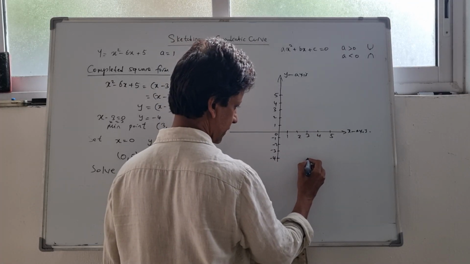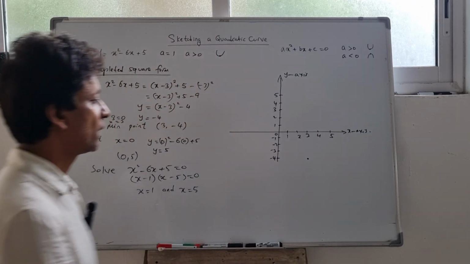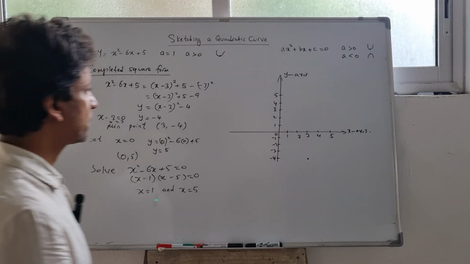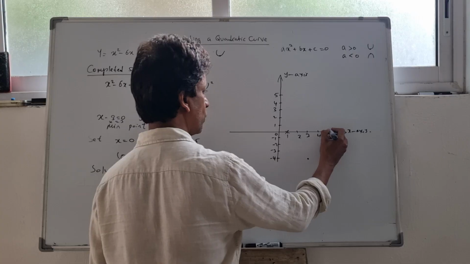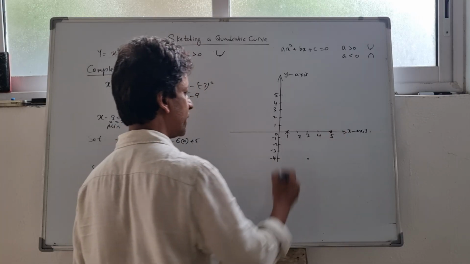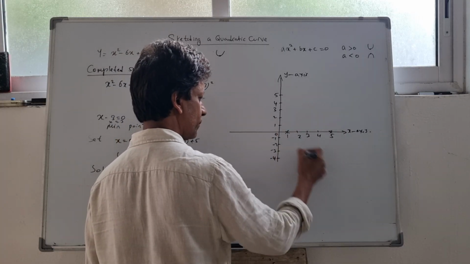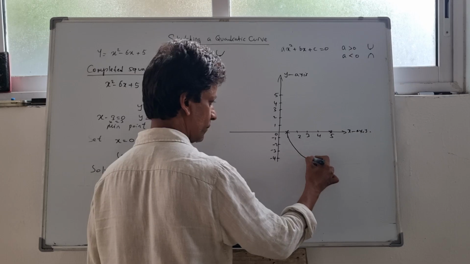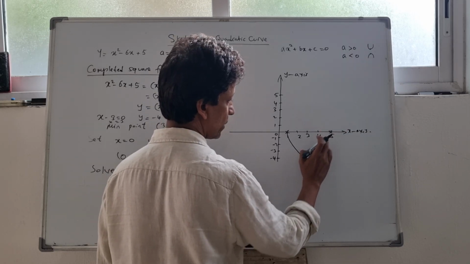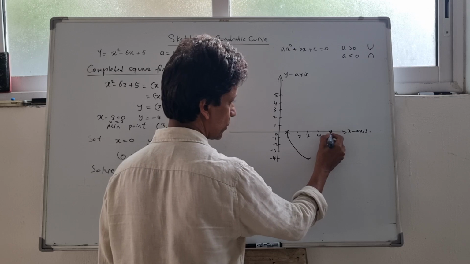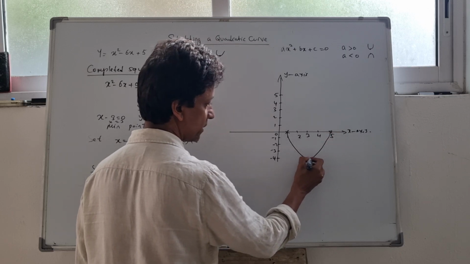So we're looking at the minimum point over here. And it crosses the x-axis at 1 here, and the x-axis again at 5. So we can have a curve that goes like this. Come up to this. Let's say something like this.